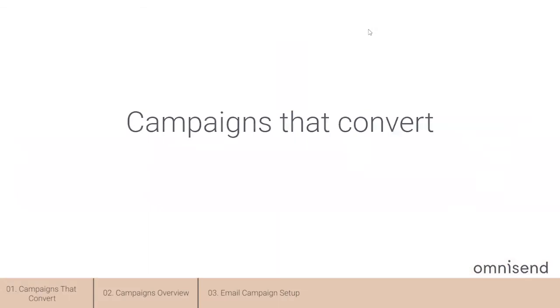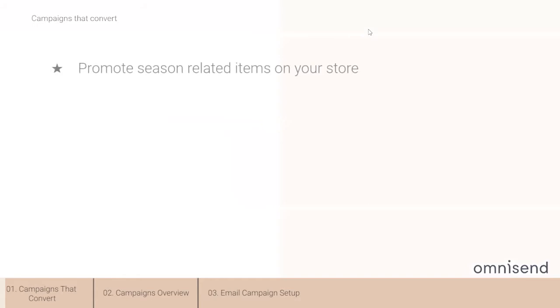So why should you send campaigns in the first place? Additionally, to the welcome automation, abandoned cart, and order confirmation automation messages that we talked about, you should set up campaigns with Omnisend and send promotions to your customers too. You can promote season-related items on your store.